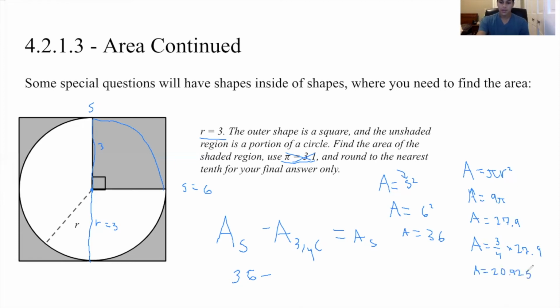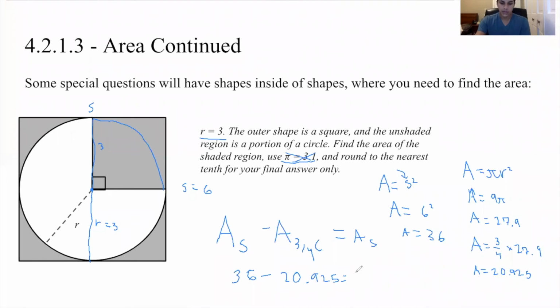All right, so the area of the square is 36. The area of 3/4 of this circle is 20.925. And so now if we subtract that, we do 36 minus 20.925. That gives us 15.075 as our final area of the shaded region.